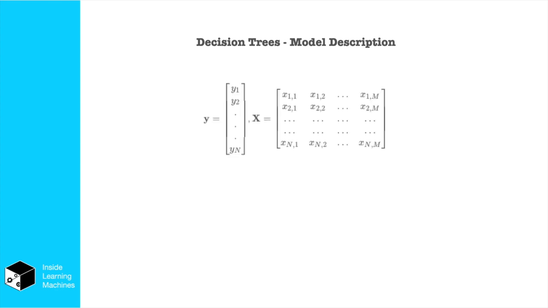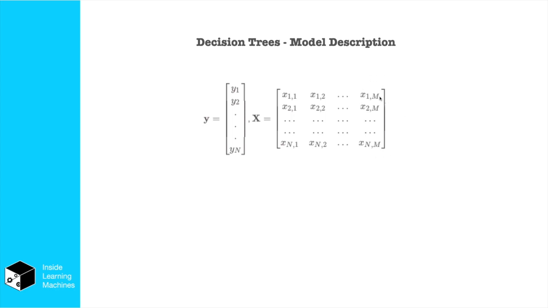So first, let's go over the training data that we have available. This will consist of a column vector y with a total of n elements, and a matrix X, which has a total of n rows, which correspond to each element in y, and a total of m columns. So we have a total of m predictor features.